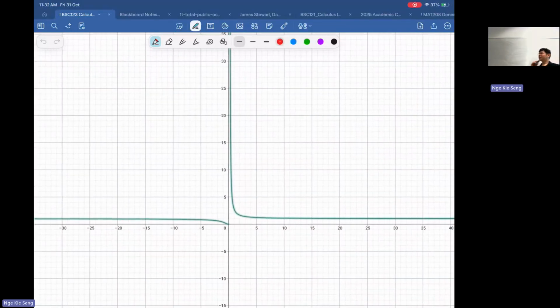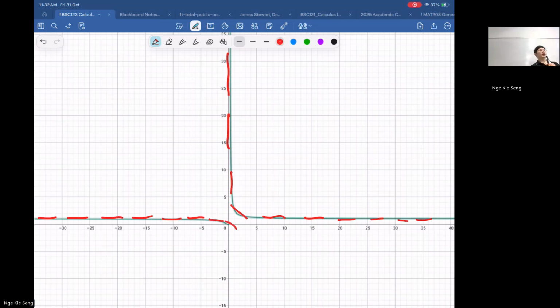So from here, can you see the inflection point? If you try and draw the tangent line, it's always concave upward on the right of 0, but on the left of 0 it's concave downward.